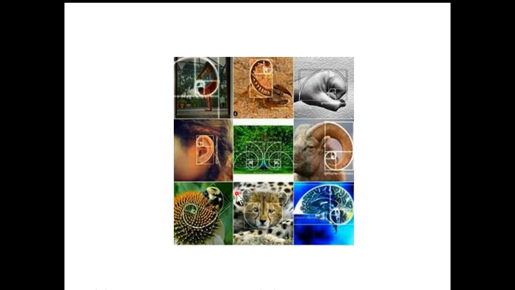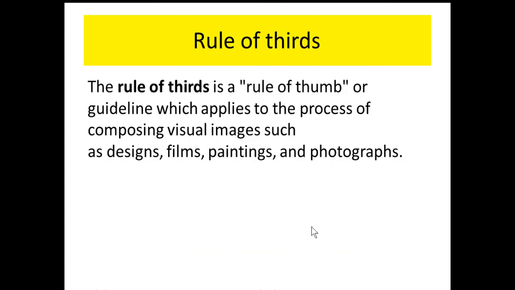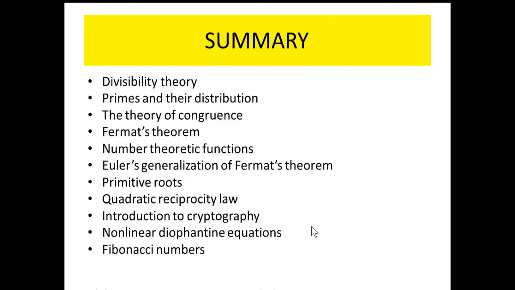Wherever you have a Fibonacci spiral, that gives you beauty and perfection. It comes from the golden ratio or the Fibonacci spiral. So the rule of thirds that we have already seen, let us see that again. The rule of thirds is a rule of thumb or guideline which applies to the process of composing visual images such as designs, films, paintings, and photos.